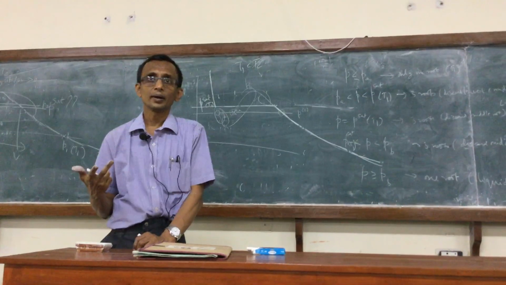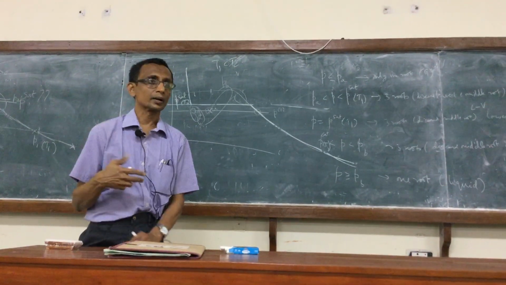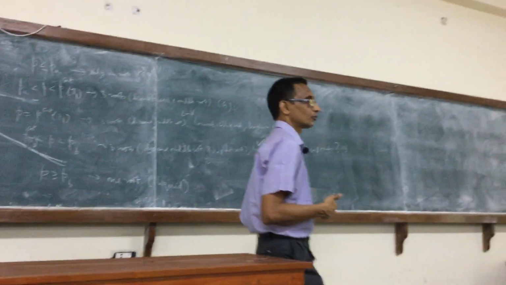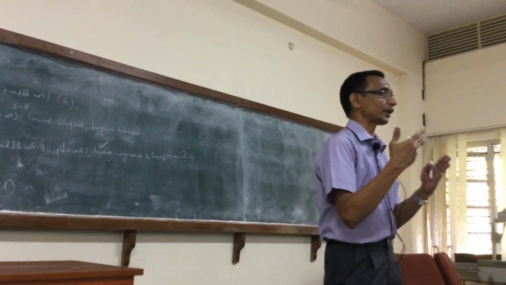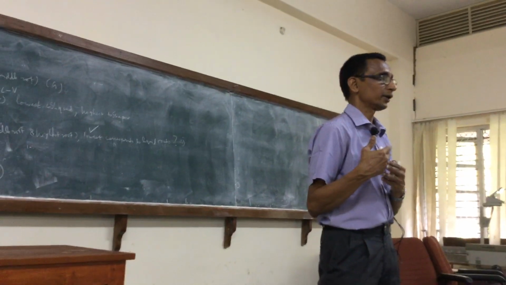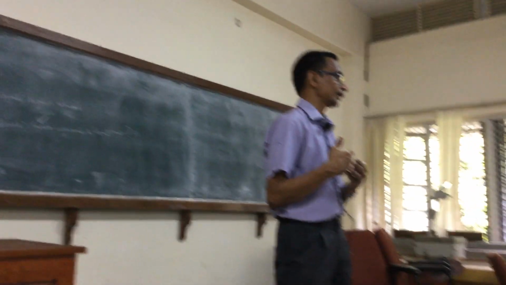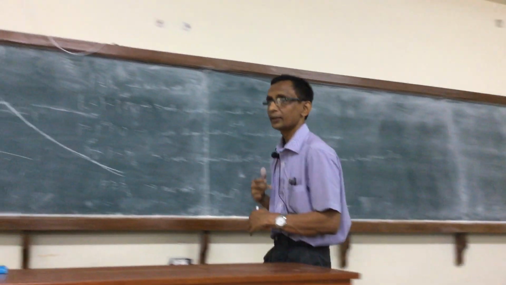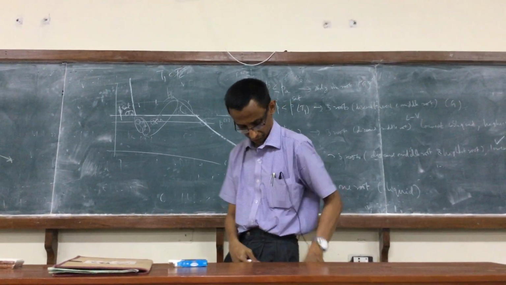So the moment you are given a temperature, an isotherm, and suppose you are given temperature and pressure, you want to fix the state. So we need to clearly identify what is the saturation pressure.